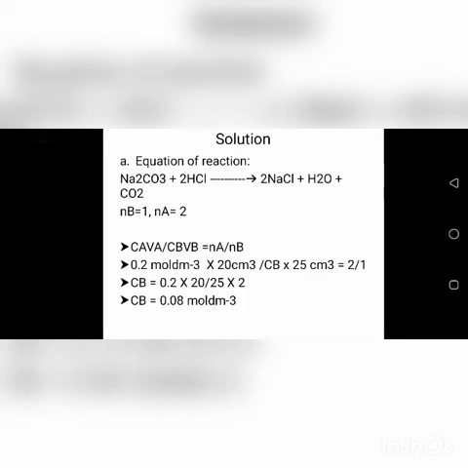When you multiply and make CB the subject of the formula, you are going to have the concentration of base to be 0.08 mole per dm³. That concentration is concentration of a pure base, pure sodium carbonate in the reaction.